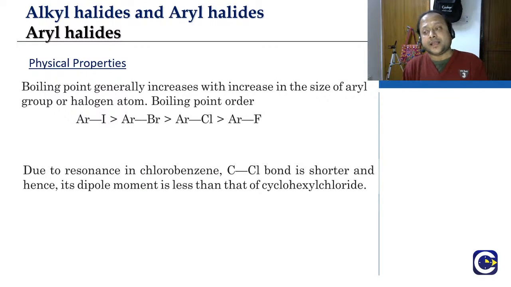normally we know that melting point, boiling point, all this depends on van der Waals forces, right? And it increases with increase in overall mass and surface area. So if we talk about these aryl halides, since iodine has the largest mass among the whole group, obviously iodoarene or iodobenzene has got the highest boiling point.